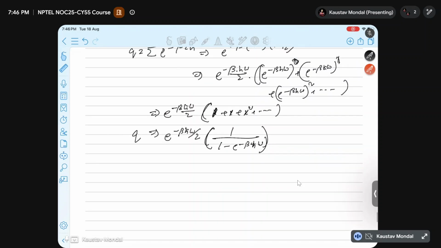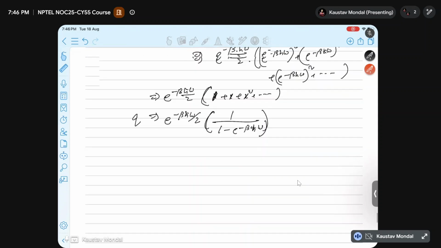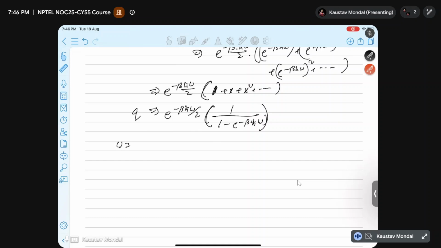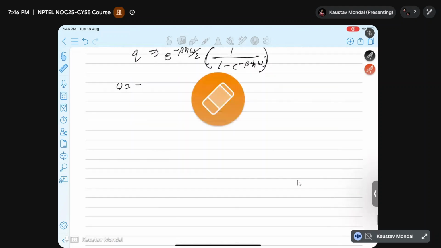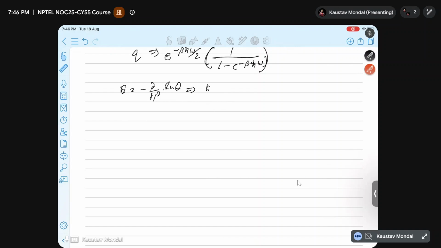So now you get the partition function Q. Now from here, in a similar way, U is basically E, which is minus del beta of ln Q. If you do that, you will get h cut omega by 2 plus h cut omega divided by e to the power beta h cut omega minus 1.